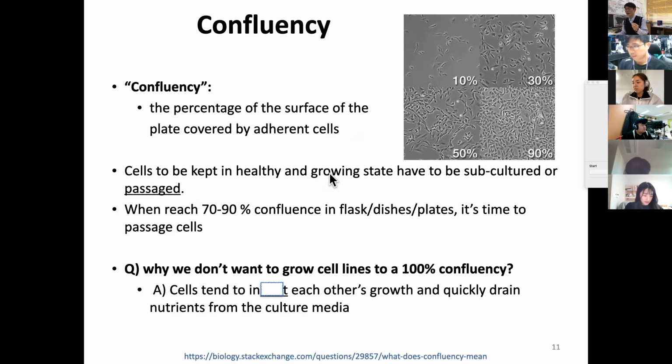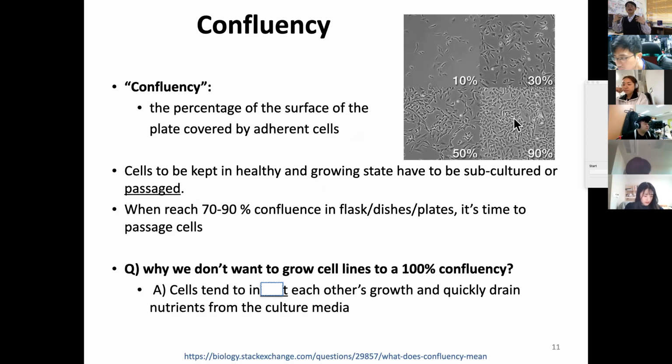And what does growing state mean? When the cells reach 90% or even higher, these contact cells usually have a tendency not to grow faster under this condition, because there's no room. When they touch each other, there's an internal mechanism to inhibit the growth.